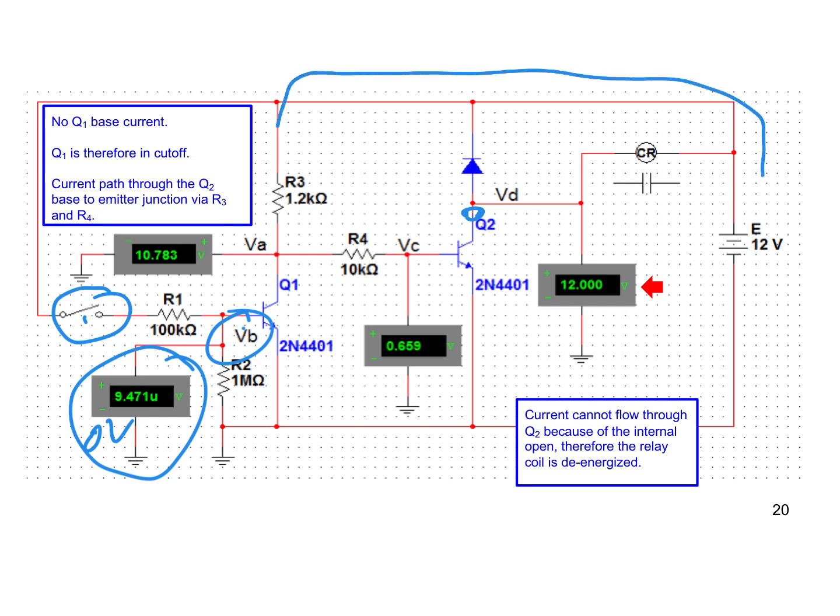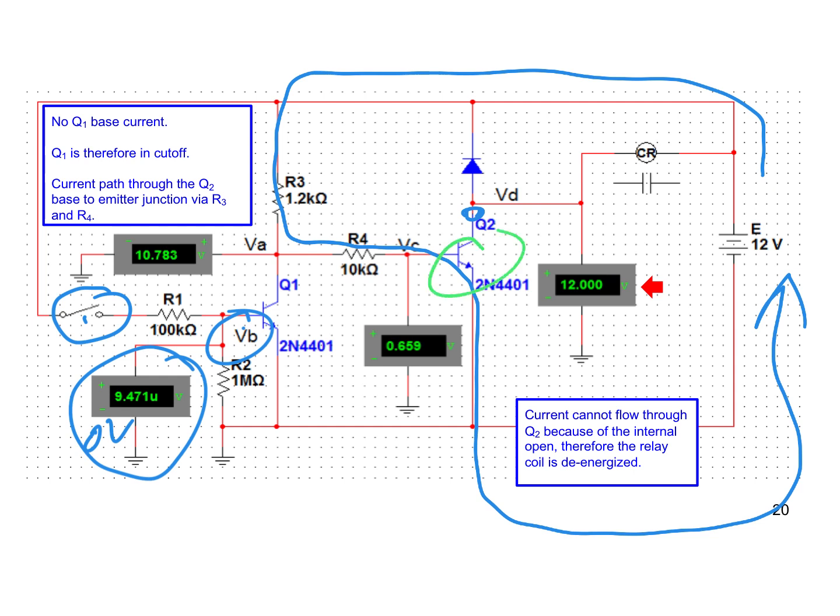If everything is working properly, current should be able to flow like that through the forward biased base to emitter, and this value here looks normal. This voltage here should ideally be 0. Take a look at it. It's nearly the supply voltage. So the base to emitter junction is working, but current is not flowing through the collector because it's open.